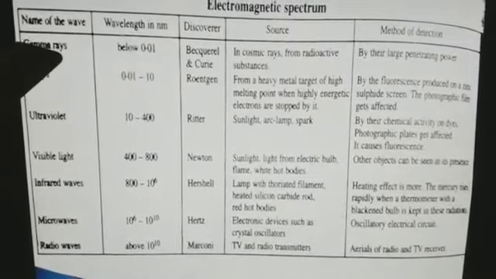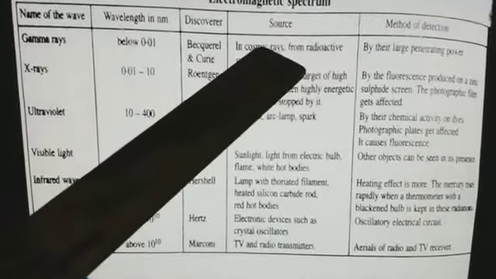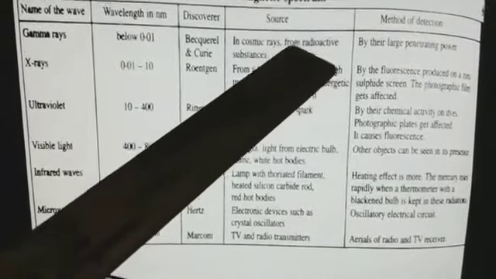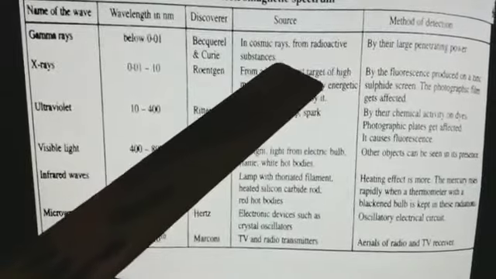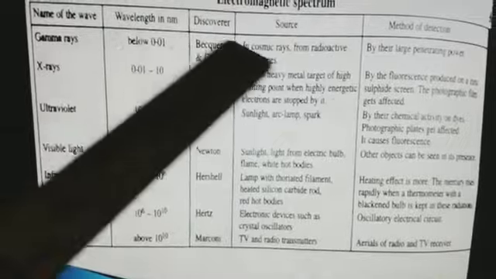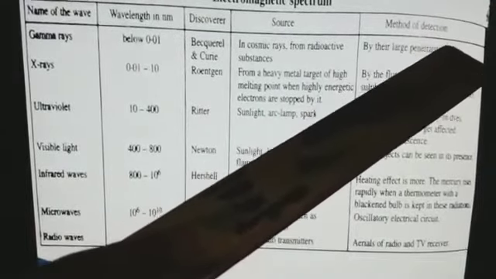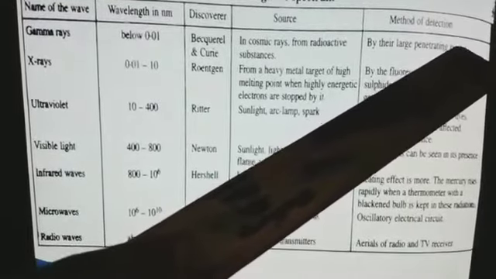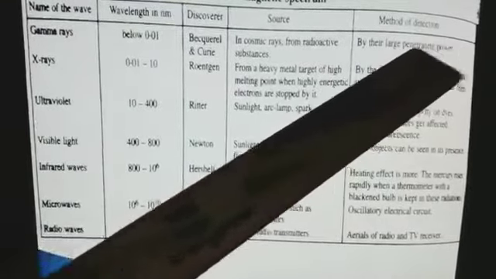The sources of gamma rays are cosmic rays and radioactive substances. These gamma rays can be detected by their large penetrating power.